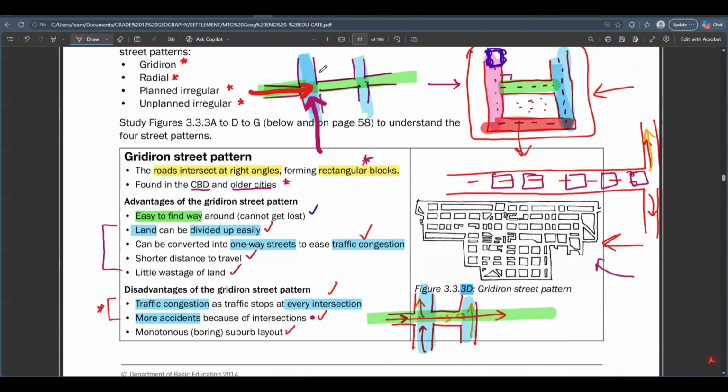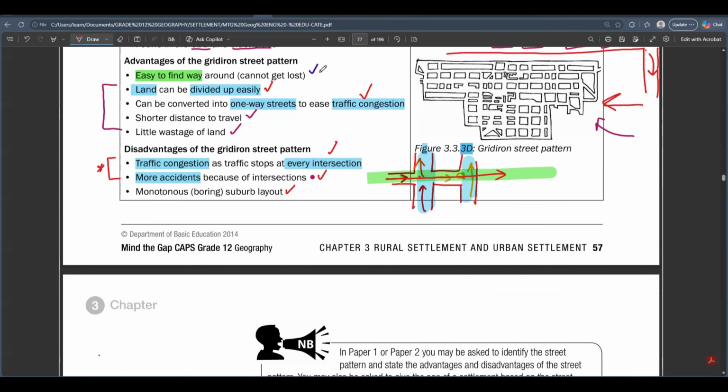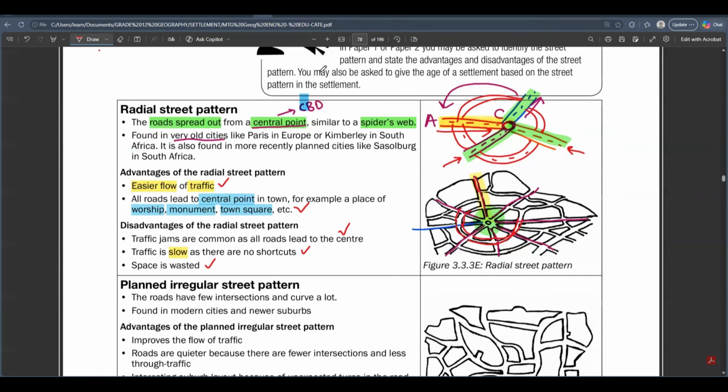The land is not wasted there because it's just a compact piece of land needed to build this pattern. But for a radial straight pattern, you need a bigger piece of land. So you need to waste some space so that you can allow all those roads to come to the center.